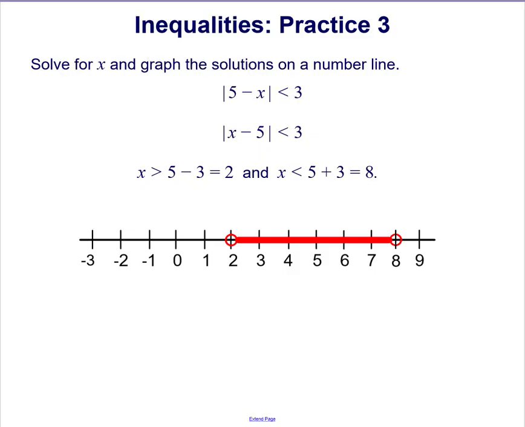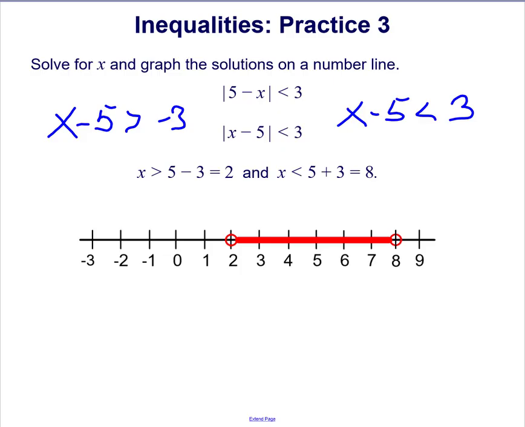As we stated, instead of writing 5 minus x, I could write it as x minus 5. And I have to consider two cases, x minus 5 with negative 3. And in this case, I reverse the inequality. So instead of having less than, I have greater than. And over here, I'm going to have x minus 5, keeping the inequality to less than, I consider the positive case of positive 3.